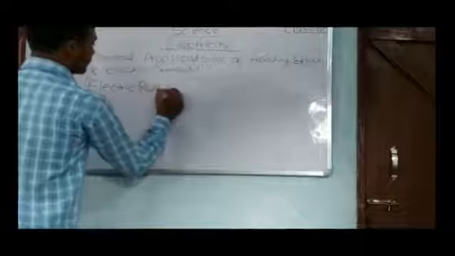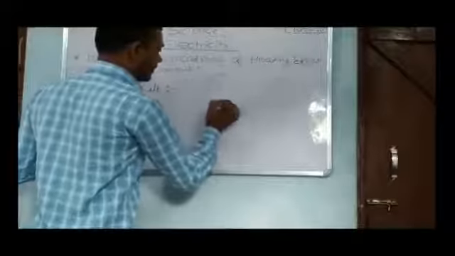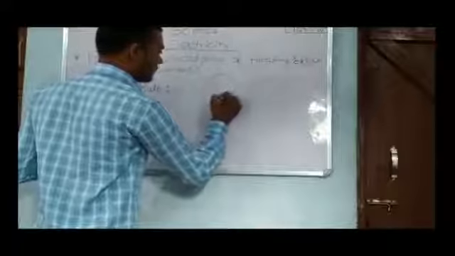Now let us talk about some information related to the electric bulb. What is the information related to the electric bulb? Let us write down electric bulb. We know that this is the structure of a bulb.